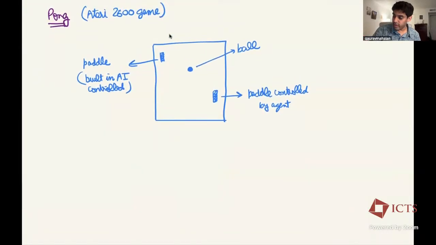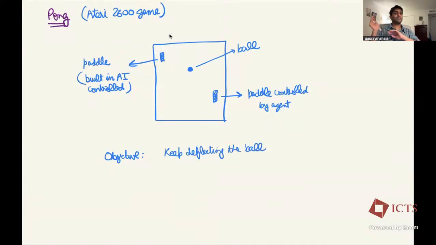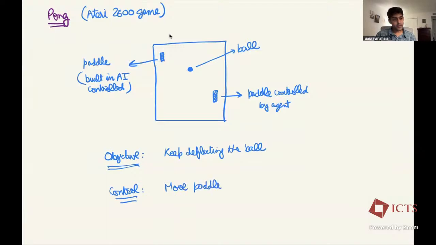So the objective is to keep deflecting the ball away and put it into the open side. And the only control you have is to move the paddle up or down.